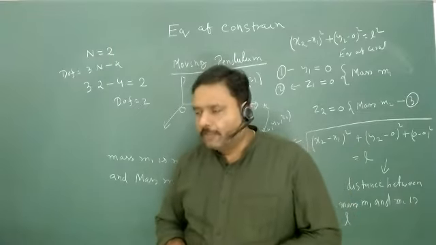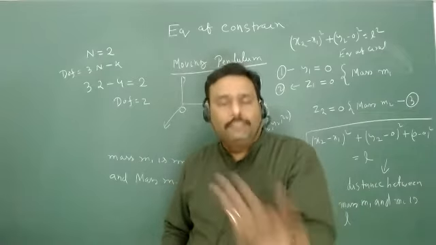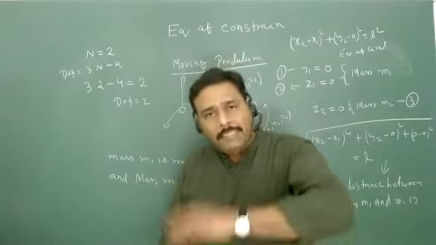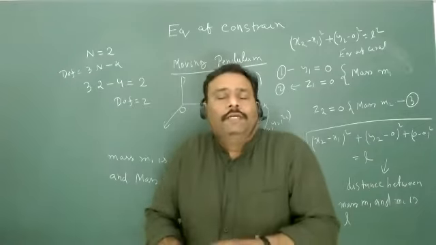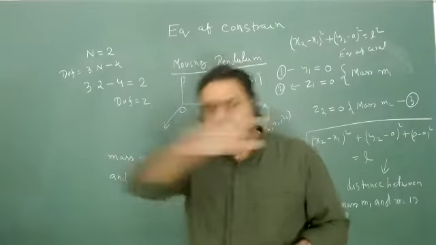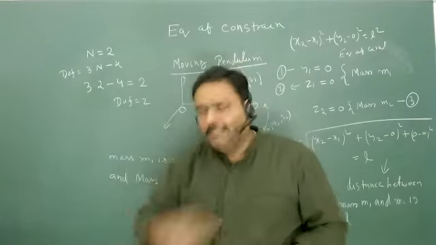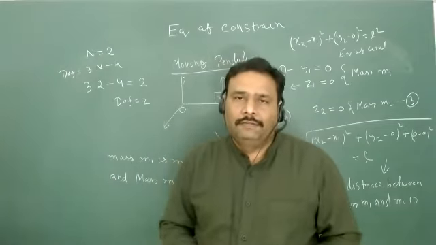Yes, sir. Okay, as you transform the coordinates, a suitable coordinate is very important. As you transform into a suitable coordinate, you will find yourself very relaxed. You can understand that this variable is for this type of motion, and that variable is for that type of motion. You will be very relaxed there.